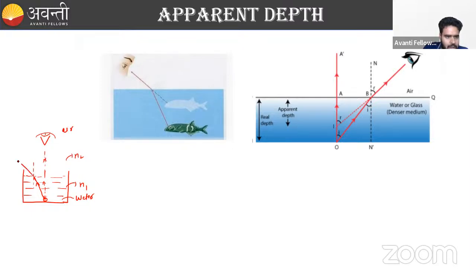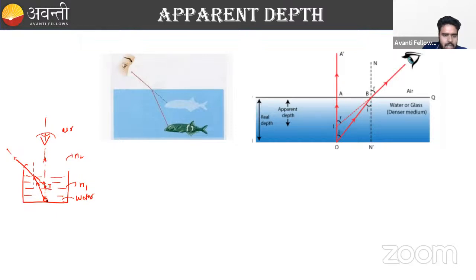If light is moving in this way and we extend it in the backward direction, because in the forward direction these two rays are diverging and never meet, then if we extend the rays backward they will meet at a given point.